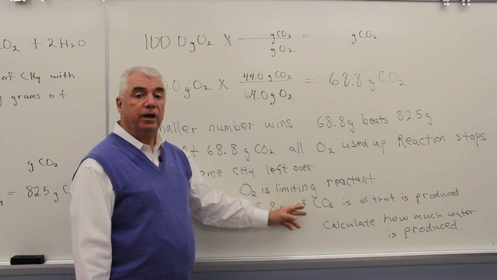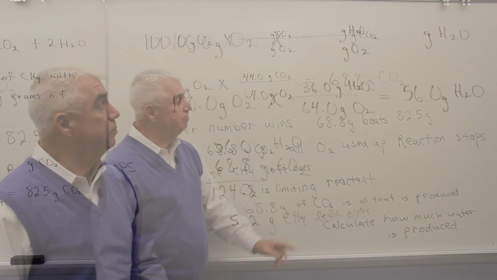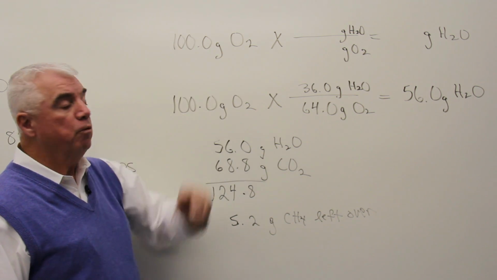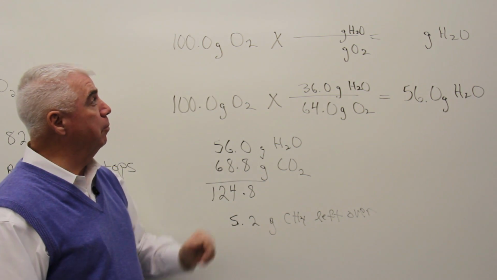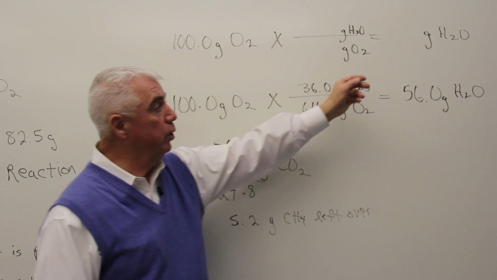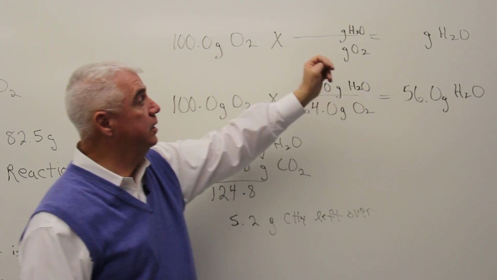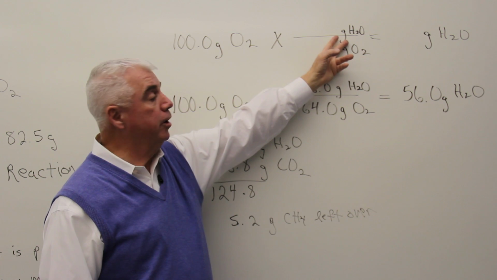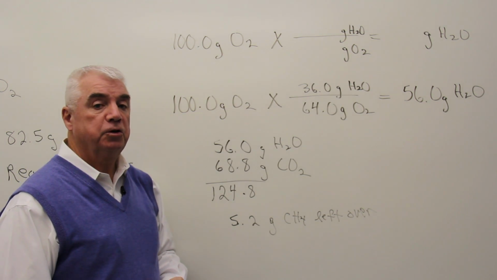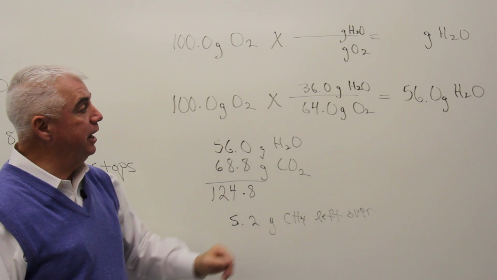Let's go ahead and calculate how much water we could get. We know now that O2 is the limiting reactant, so we won't bother working the other problem. We'll just use O2 as the starting material. We'd like to know grams of water, so the unit grams of water will be up in the numerator. We'd like to get rid of grams of oxygen. It's down in the denominator.